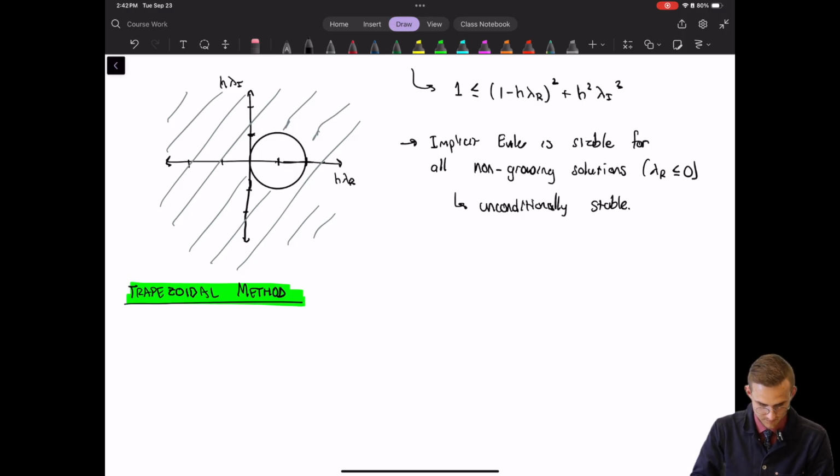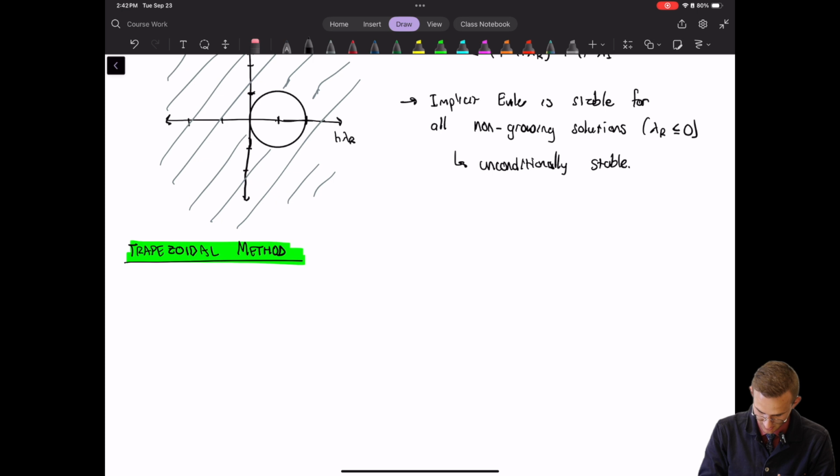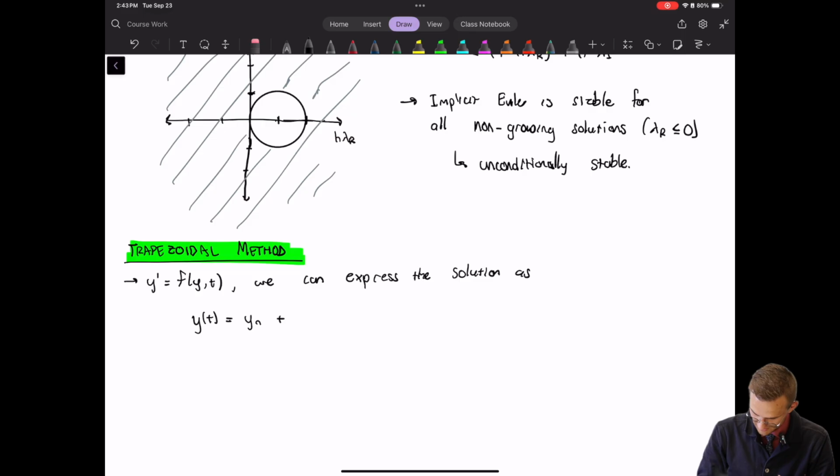And so, going back to our general equation where we have y prime is equal to f of y and t, we can express the solution as y of t is equal to yn plus the integral from tn to t of f of y of t' and t' dt'. So this is going to be a t prime.